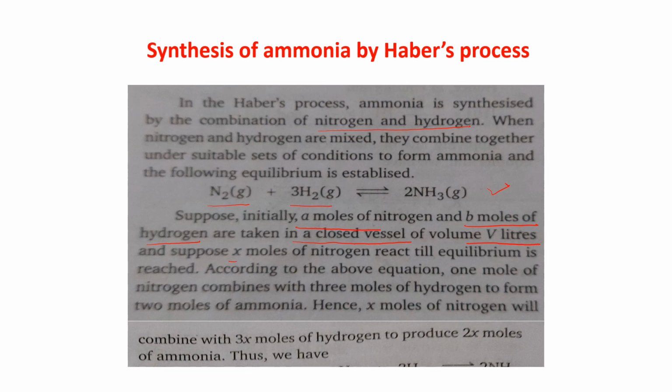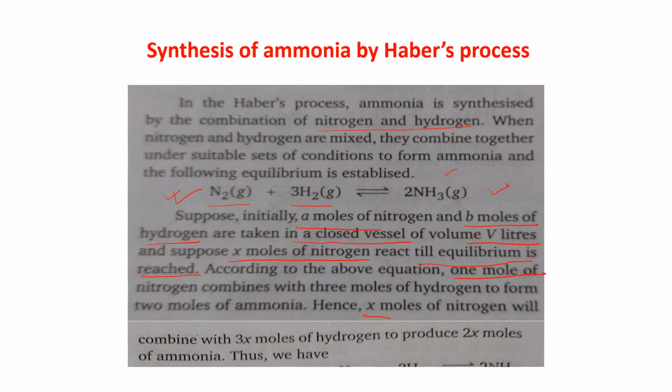And suppose X mole of nitrogen reacts till equilibrium is reached. According to the above equation, 1 mole of nitrogen reacts with 3 moles of hydrogen to give 2 moles of NH3. Hence, X mole of nitrogen combines with 3X moles of H2 to give 2X moles of NH3.